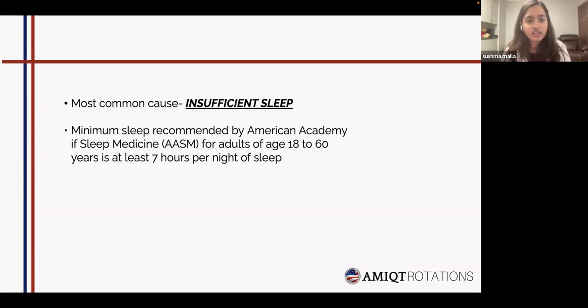According to the American Academy of Sleep Medicine, adults aged 18 to 60 are required to sleep at least 7 hours a night. But I've read in one of the studies that about one third of the adult population gets less than 7 hours of sleep per night.